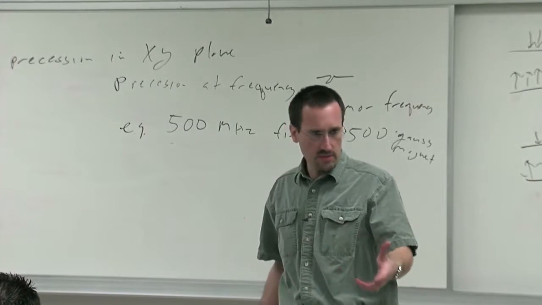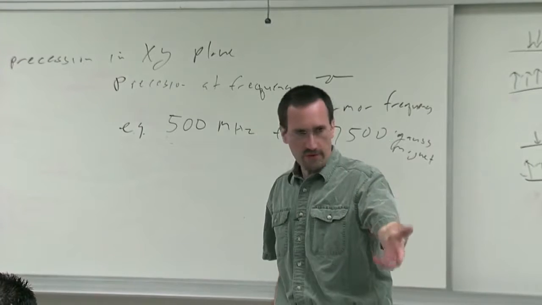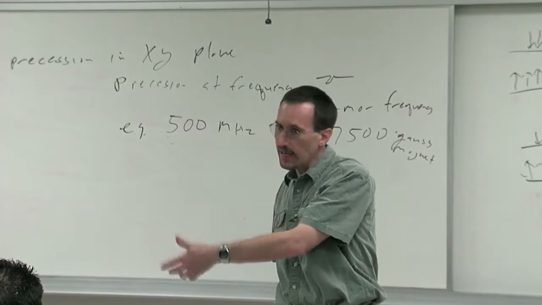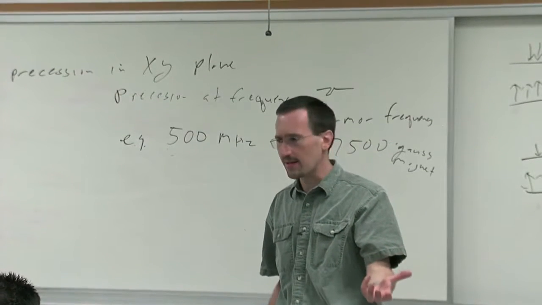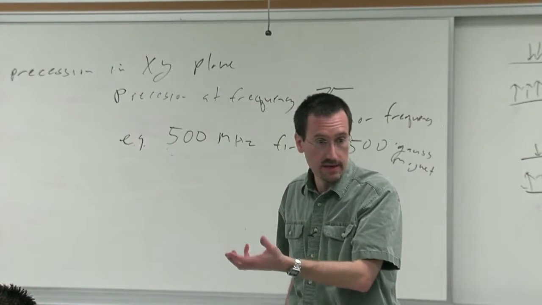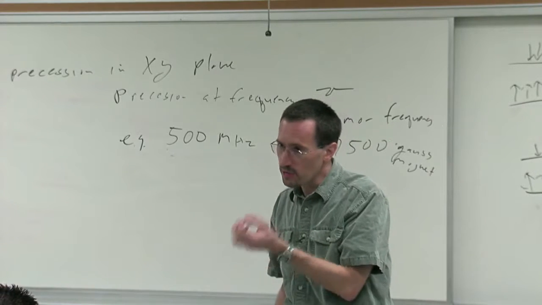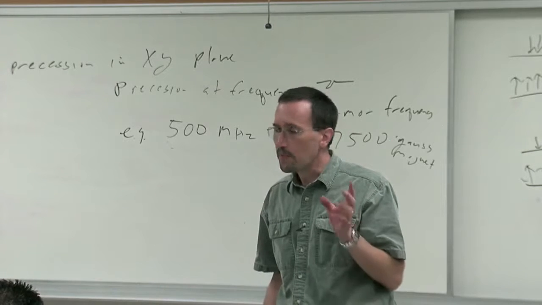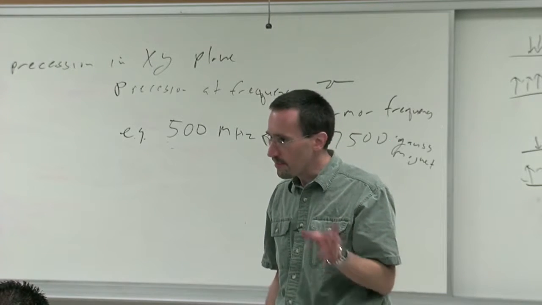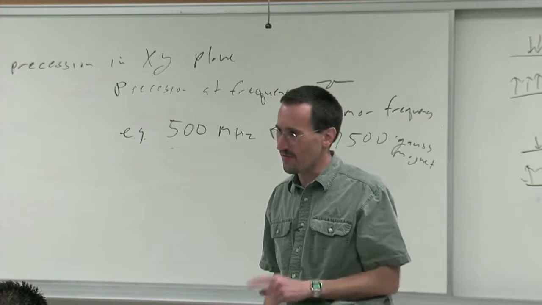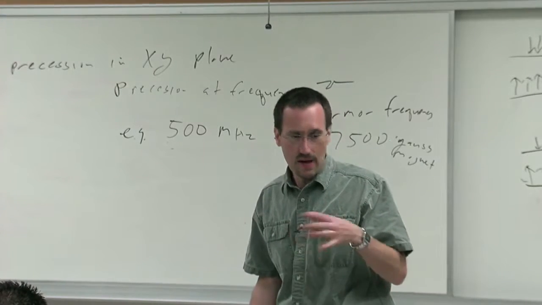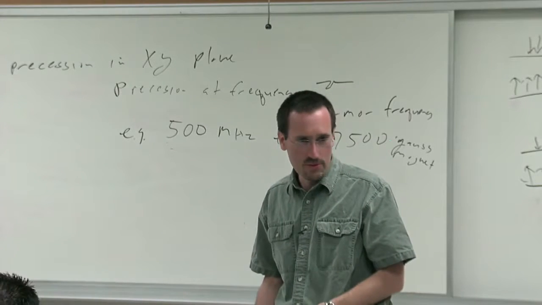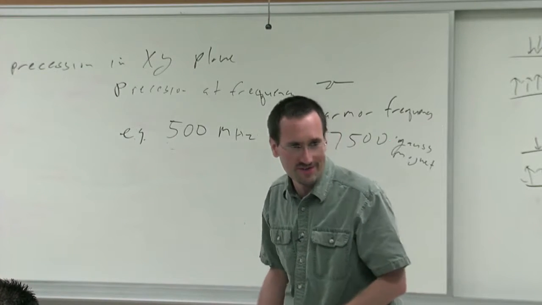Hence, different types of protons precess at different frequencies. Chloroform precesses at a different frequency than TMS. The CH2 groups of ethyl alcohol precess at a slightly different frequency than the CH3 groups. These differences in frequency are very, very small, but they were upsetting to physicists because they figured this has to be a universal property of protons, and when they saw it varied by magnetic environment in the molecule, they gave it the contemptuous term chemical shift.